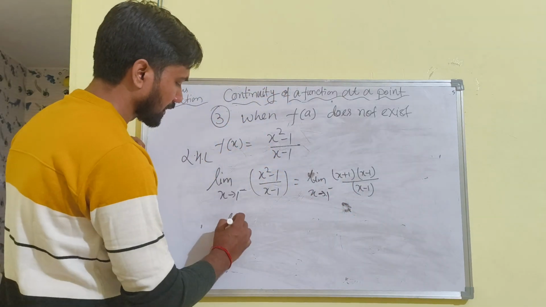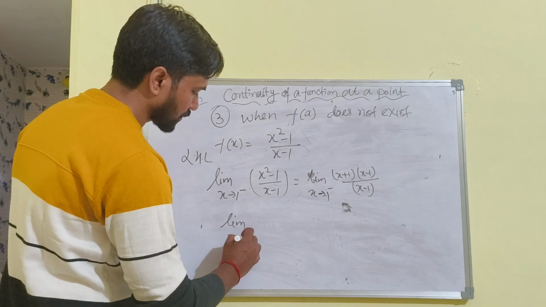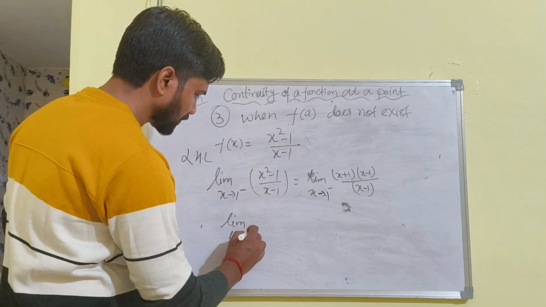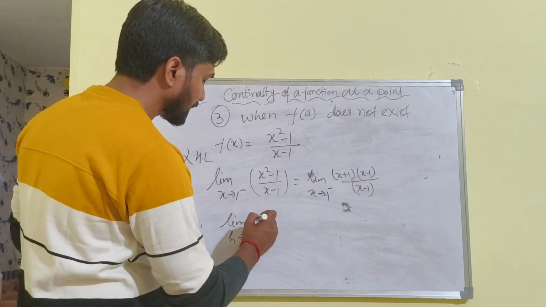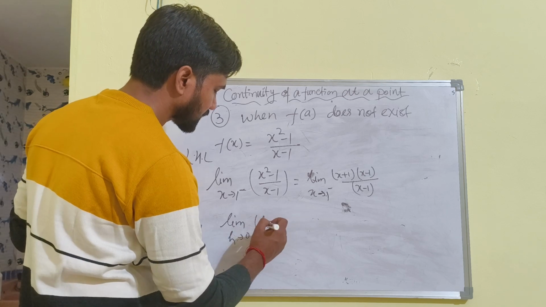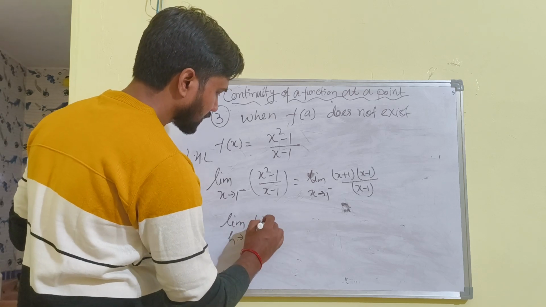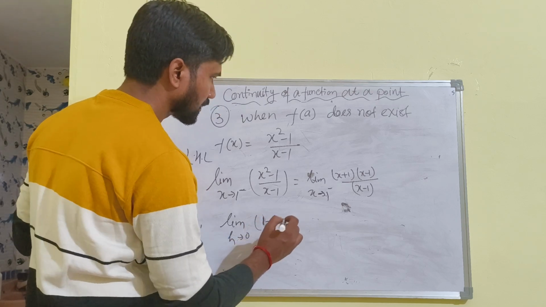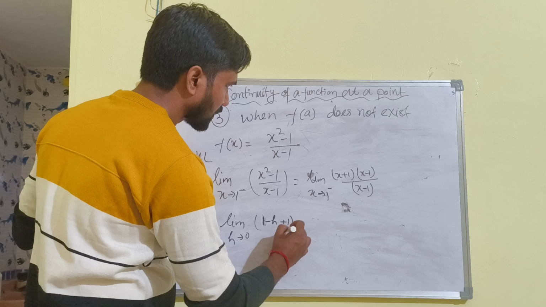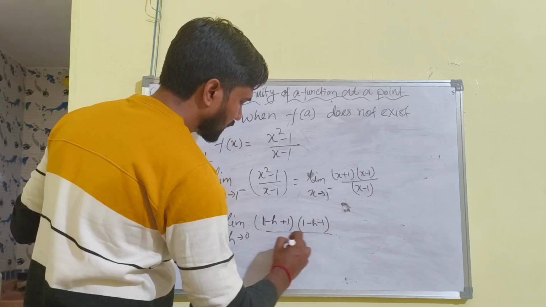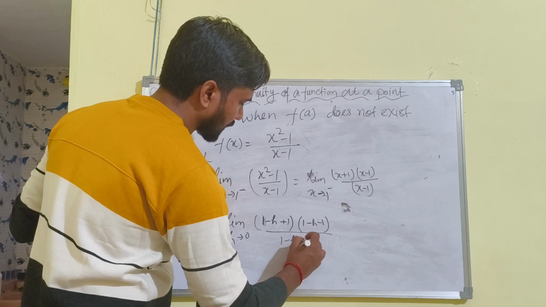Here we can write limit h tends to 0. What is it in the place of x? We can write 1 minus h plus 1 into 1 minus h minus 1 divided by 1 minus h minus 1.